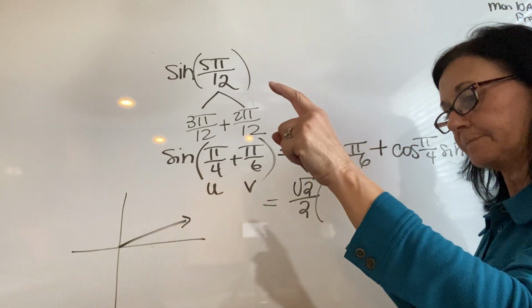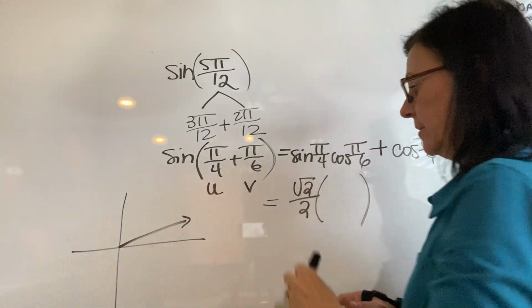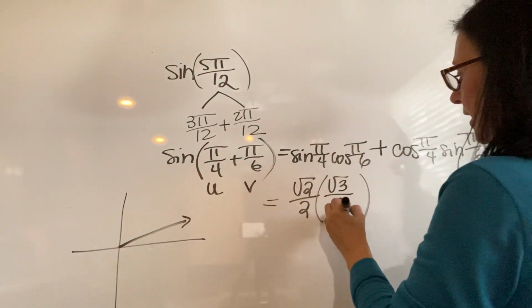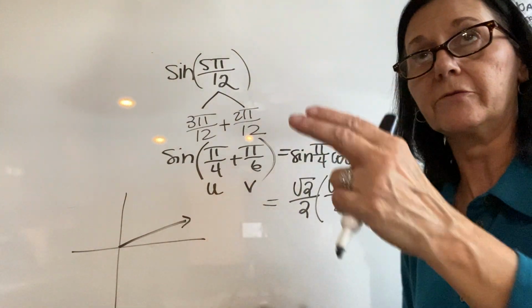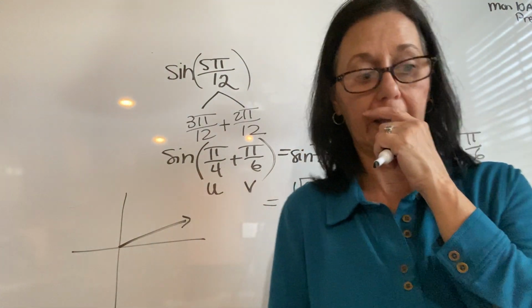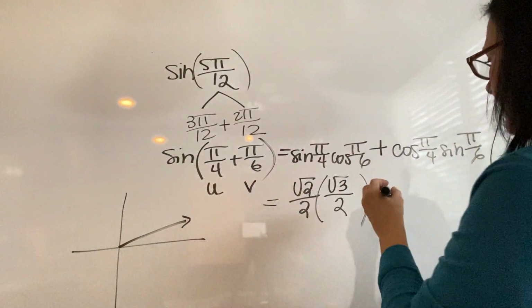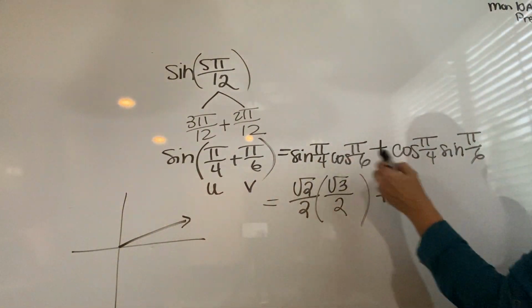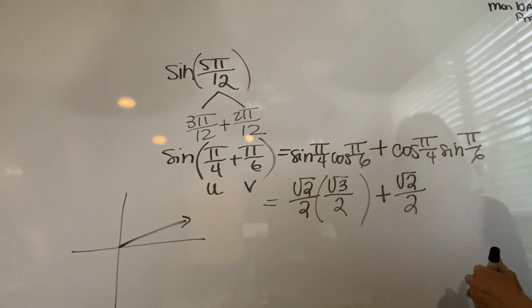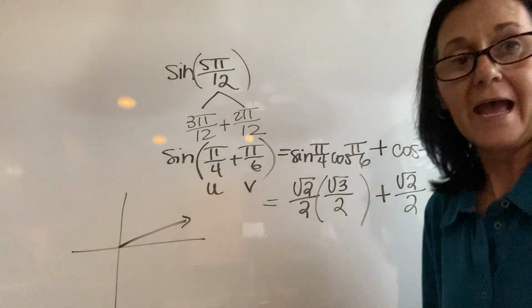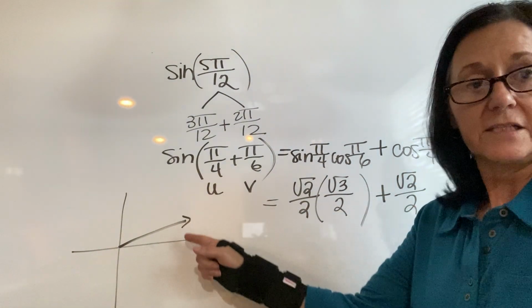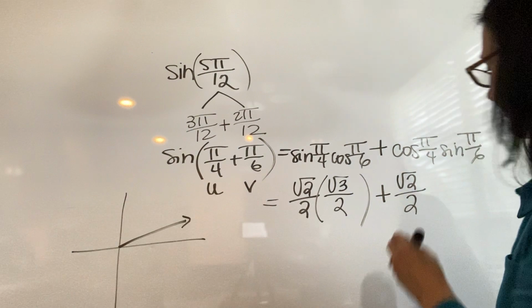So it's square root of 3 over 2, because it counts down: 1, square root of 3 over 2, square root of 2 over 2, 1/2. Cosine and sine are exactly the same at pi over 4. Now the sine of pi over 6 is going to be 1/2, because the sine starts at 0 and counts up. So it's 0, 1/2, 1.